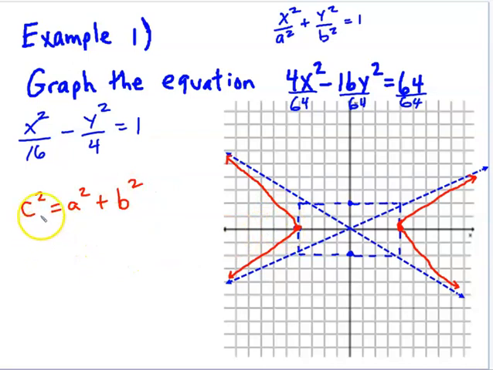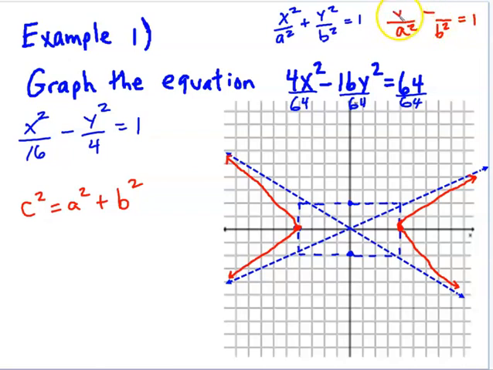All right, so you also have to change your way of thinking when it comes to hyperbolas. With ellipses, 16 would have been known as a squared because it's bigger, and 4 would have been known as b squared. Well, for hyperbolas, those denominators never switch. A squared is always first, and b squared is always second. What will switch with hyperbolas is the numerators. So again, that's completely opposite.